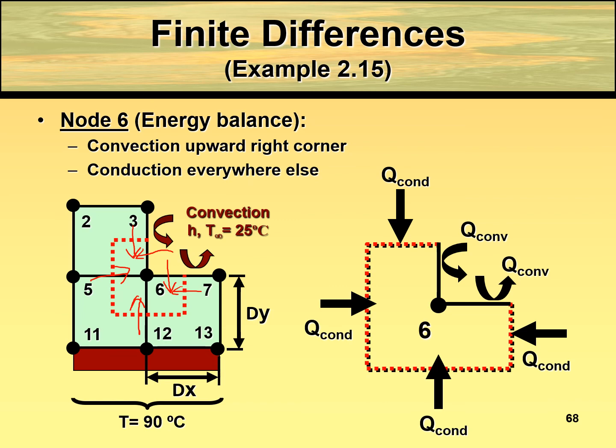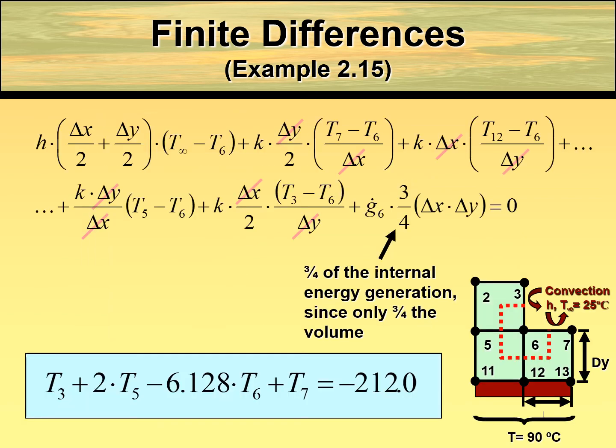So you will have 6 terms. This one is convection, this is also convection, and these are all conduction. So if you apply, this 2 takes care of your convection because it's coming from both sides, and then this is from T7 to 6, T12 to 6, T5 to 6, and T3 to 6.